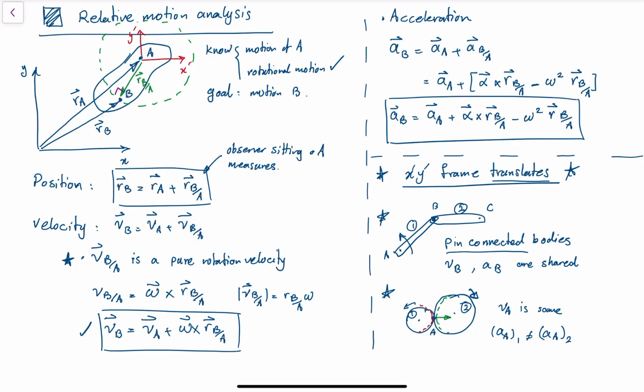So you have these centripetal accelerations that are actually in the opposite direction, or they even have different magnitudes. And note that velocities being equal does not necessarily mean accelerations being equal. Sometimes you need to take those into account.